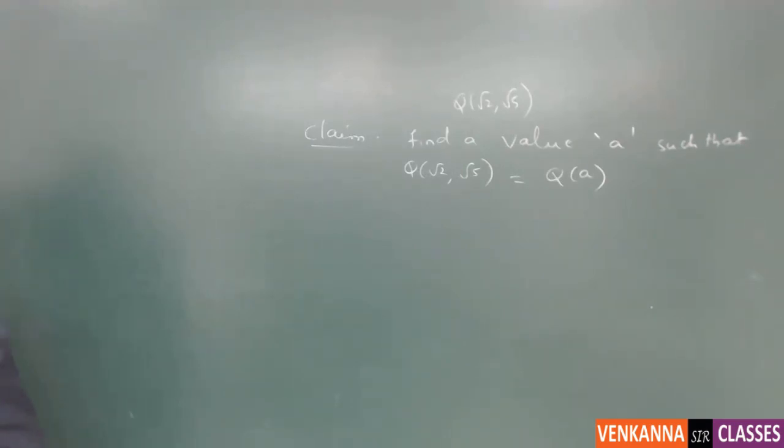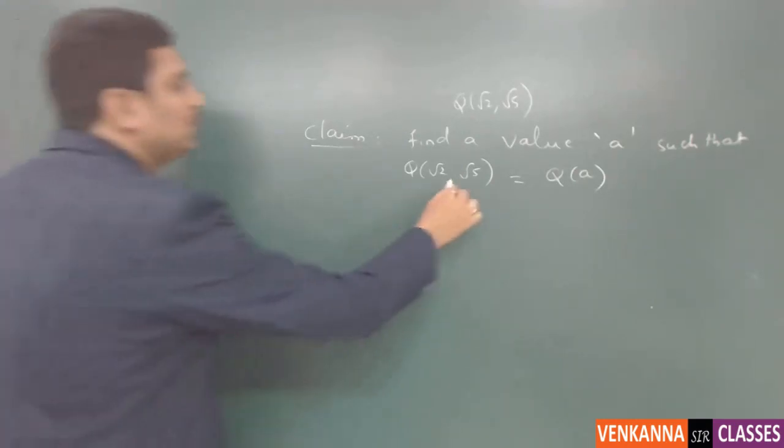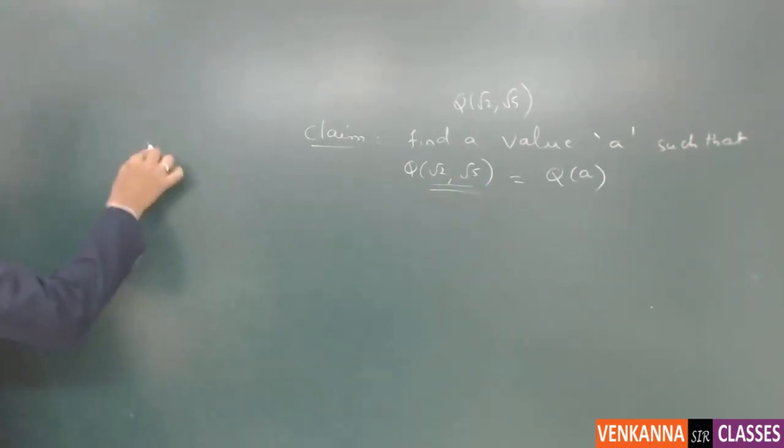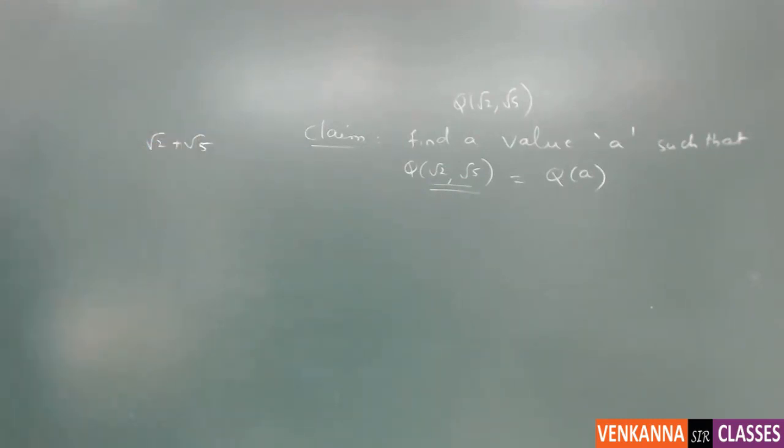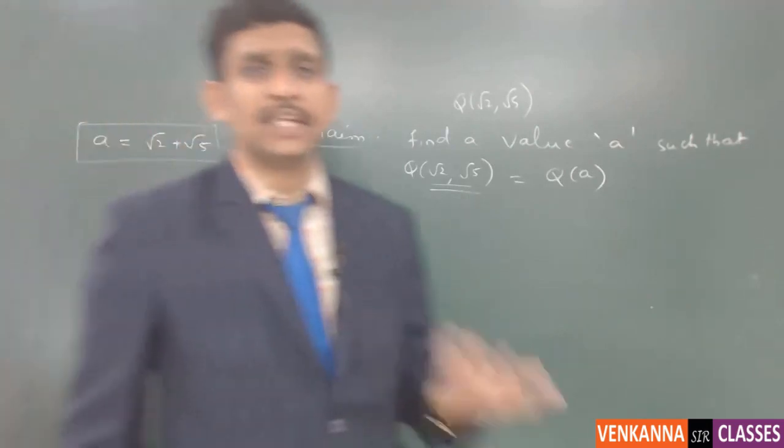Now, for this kind of problem, simply the answer is, you add the two values. So our value a is nothing but root 2 plus root 5. For this, specifically there is a theorem.